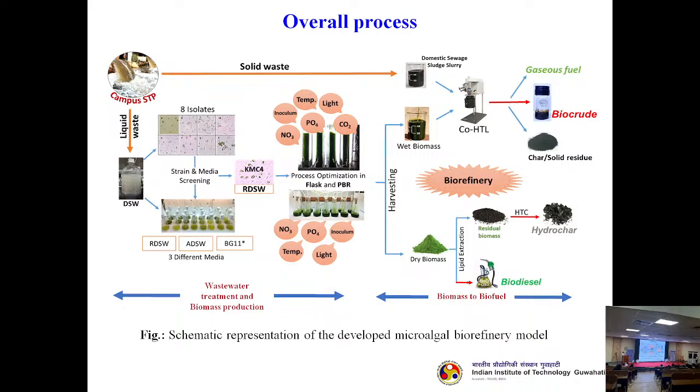Then using the solid waste of the treatment plant, STP, that is our sludge, and using it directly with the wet biomass, we produced biocrude. I'll tell you why we use it, because it has a lot of metals inside. Now these metals, when they get inside the HTL, they act as catalyst. Okay, so the entire process becomes faster, right? And this is the overall process.